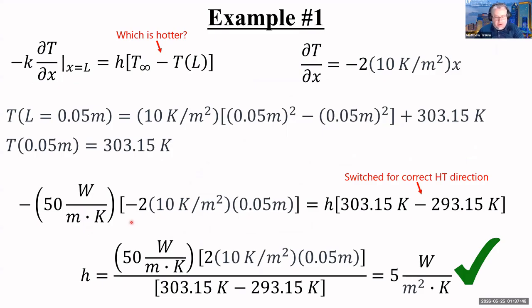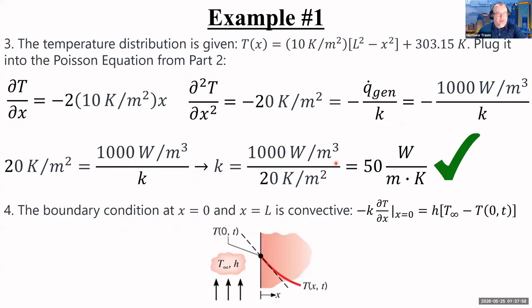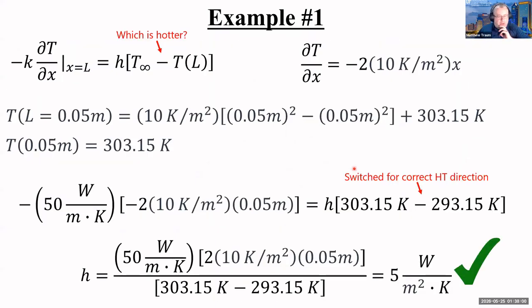And so what I have entering, let's go back again. What I have entering is the conductive heat transfer, and what I have leaving is the convective heat transfer. So they should be equal and opposite to each other on opposite sides of the equal sign, right? Which is, yeah, that works out, right? Because this negative and this negative cancel each other out. So this is positive, and then I've switched these two so that this is positive. Yes, okay, so that's right. They have the same sign.